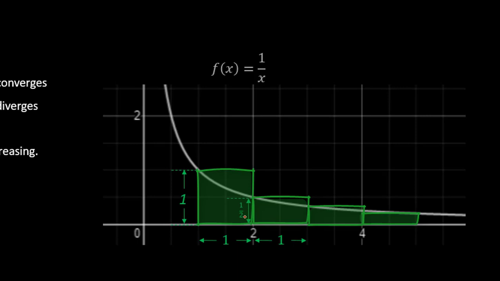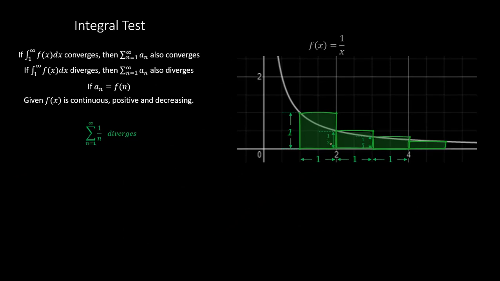And if we go ahead and look at another one, we'd find that that height is 1/3 and that width is also 1. And of course we can keep going like this. And if we wanted to add up all that area shown in the green, what we could do is just write it as an expression here based on these areas that we found. And since we're doing a left-hand Riemann sum, let's just call that L sub n.